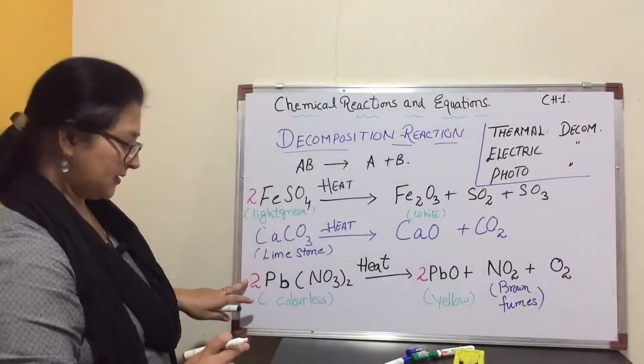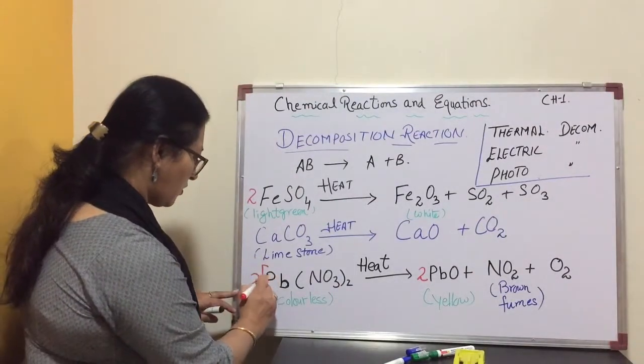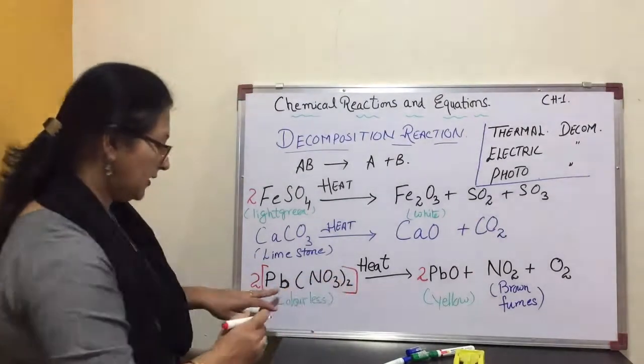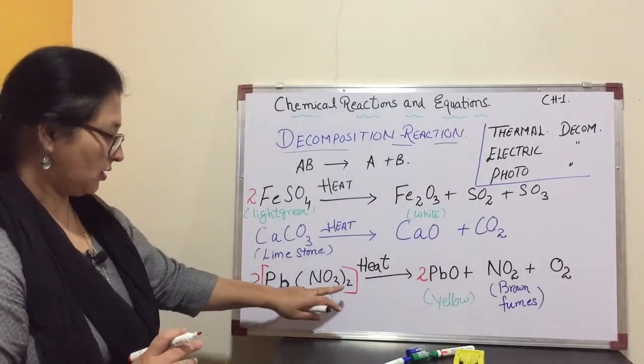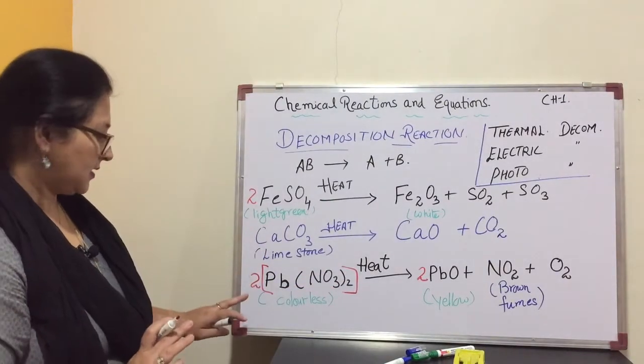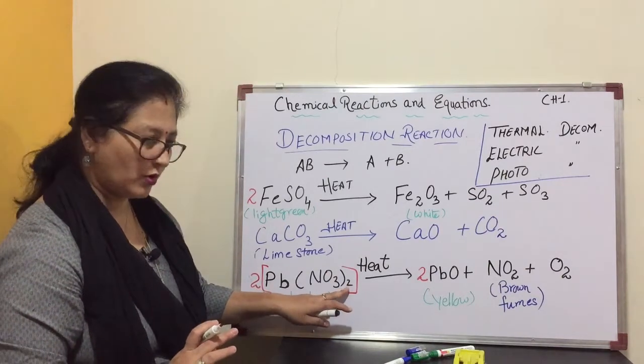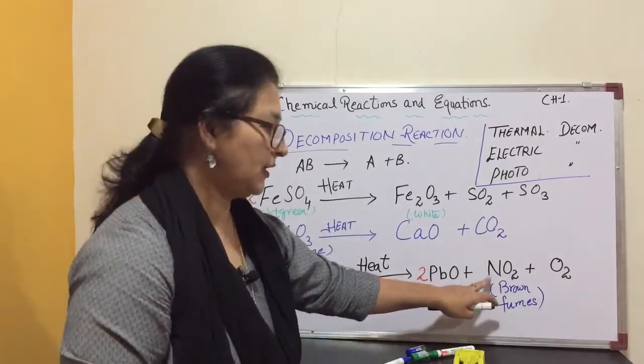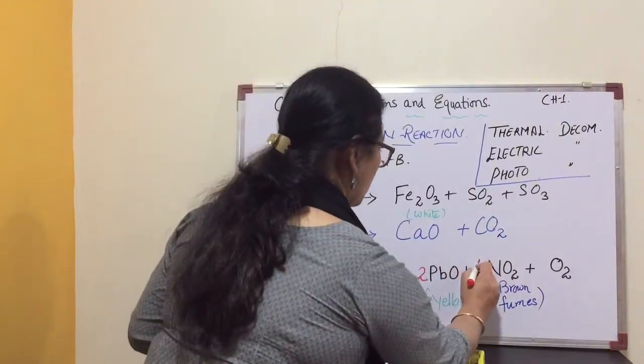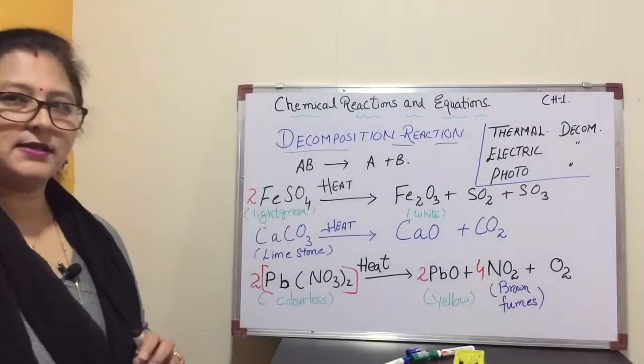You cannot avoid this. This applies to all the atoms present in the compound. Clear? So 2 into 2, 4 nitrogen, right? Here only 1, so I will make it 4. Now the equation is balanced.